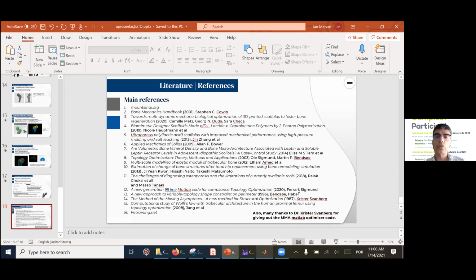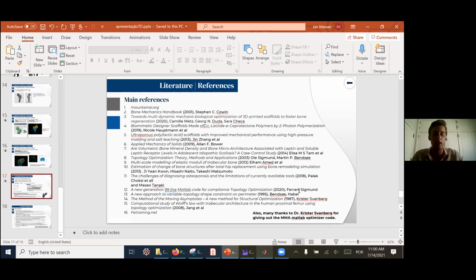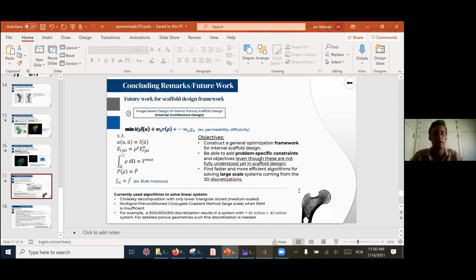And to solve the system, you have a very big dimension. You have huge dimensions at each step. A system must be solved at each iteration. When we're talking about 2D discretizations, we can still use the Cholesky algorithm, which is very fast. But when we start to make 3D discretizations, we have very huge systems, and we cannot do the whole process of the Cholesky decomposition and forward and backward substitution.